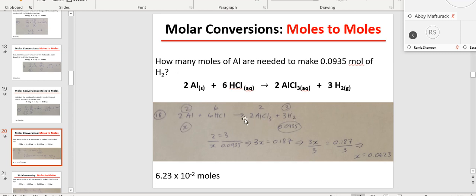So, what am I asking for? How many moles of aluminum? So, X moles are needed to make 0.0935 moles of hydrogen. Moles, easy peasy. Do your box. Next question. Okay?